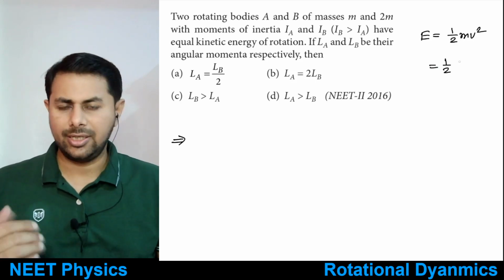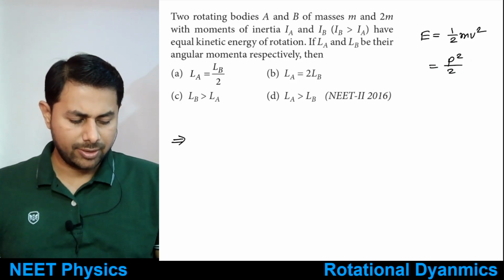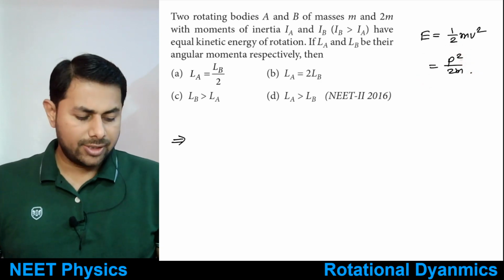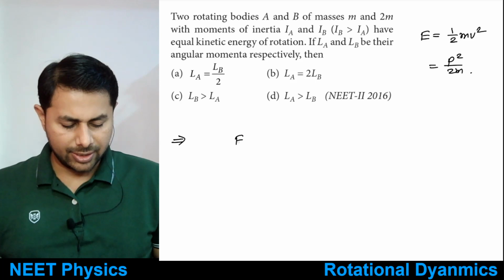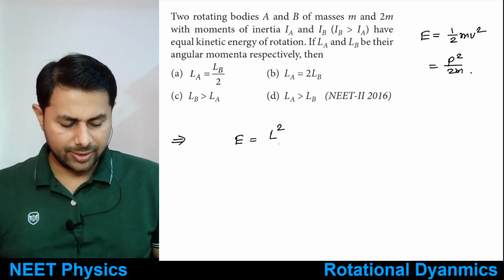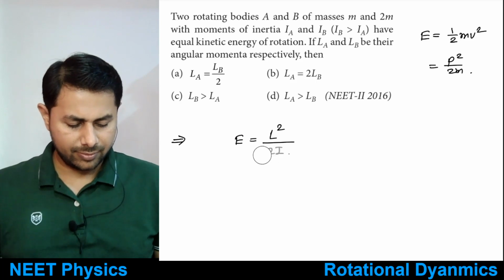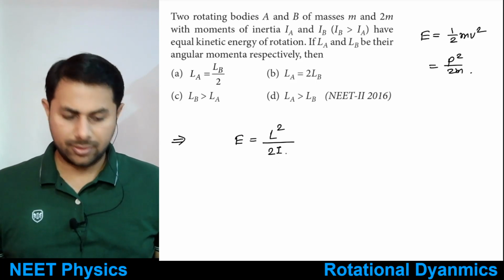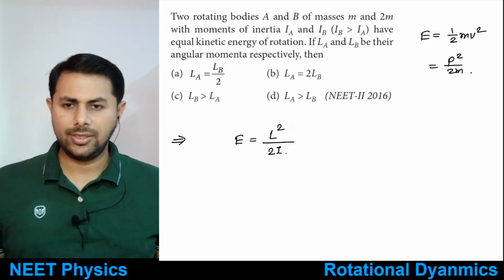The second one is in terms of momentum, p square by 2m. Just like that, replace p with L, and you get the formula for kinetic energy here: L square divided by 2 times I. This is kinetic energy.